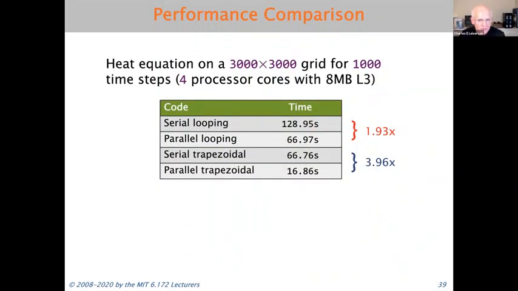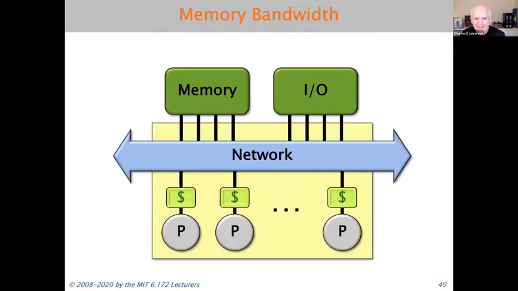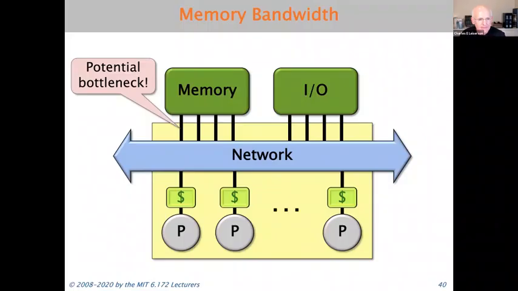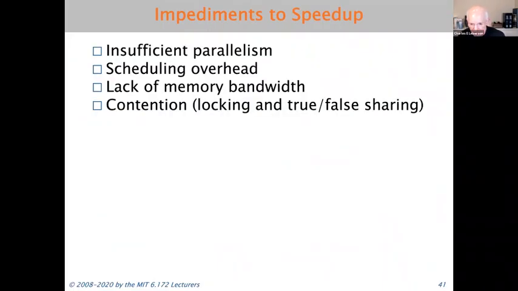We get about a 2x speedup on the looping, whereas we get like a 4x speedup with the cache-oblivious version, and we're a lot less to begin with. What's going on here is that the memory is the bottleneck. Just to close, sorry to be running over.